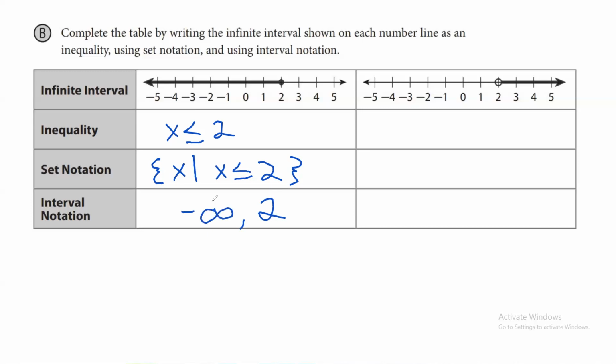Okay? And since negative infinity is so big that we can't grasp it, it's going to be parentheses. Is 2 included or not included? Included, so we bracket. Okay?